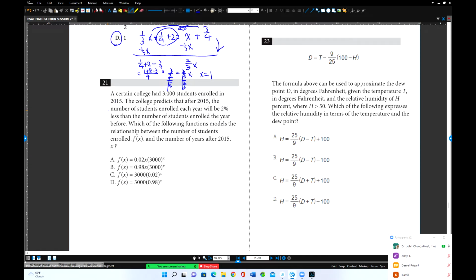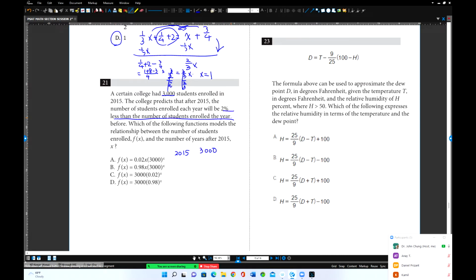The number 21, a certain college had 33,000 students enrolled in 2015. That's the initial value at 2015. There are 3,000 students enrolled. The college predicts that after 2015, the number of students enrolled in each year will be decreased by 2% less than the number before.